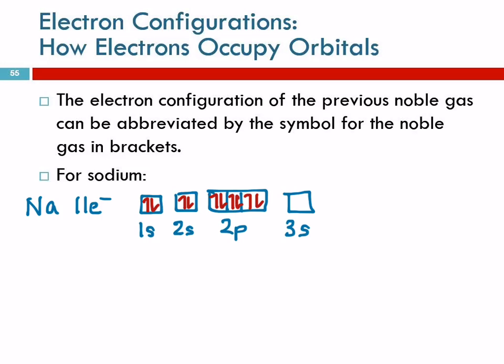I didn't do those quite in order. 11. The electron configuration, 1s2, 2s2, 2p6, 3s1. Everybody okay with that? Kind of making sense now? It's weird. I'm not going to argue with you about that.